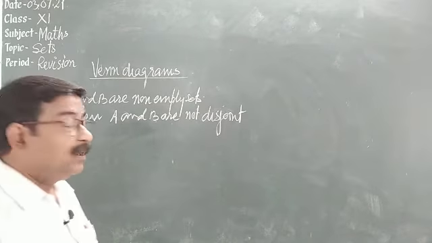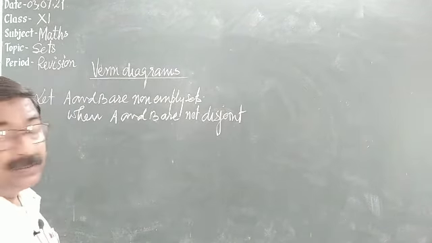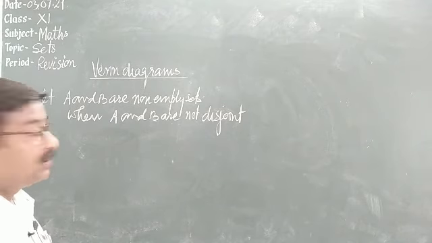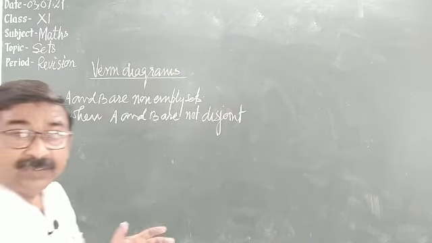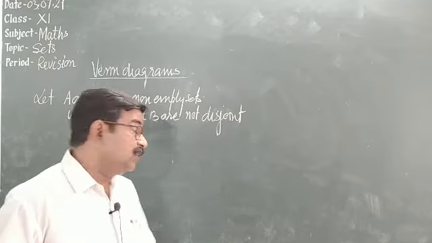When A and B are not disjoint, it means they must have some common elements in them.